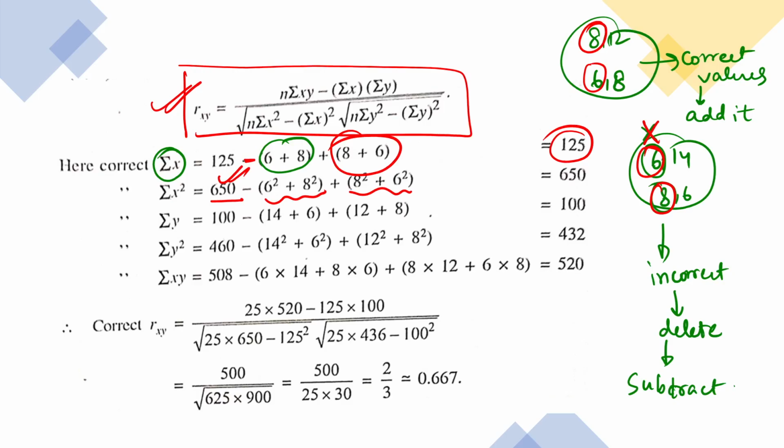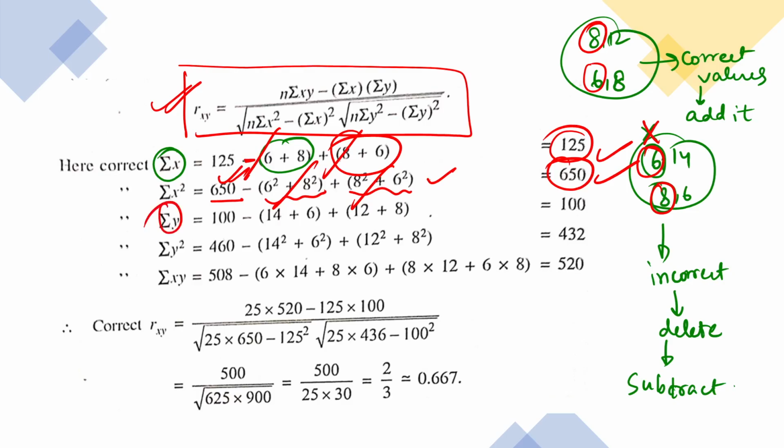Will there be any change? Sorry, there will be no change. Same 650, because 6 square plus 8 square and 8 square plus 6 square are the same, so they cancel. So 125 and 650 will be repeated as they were.